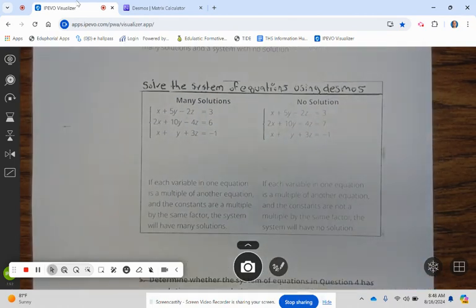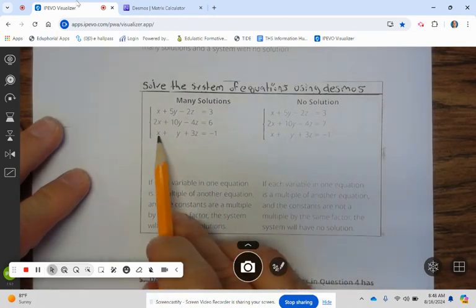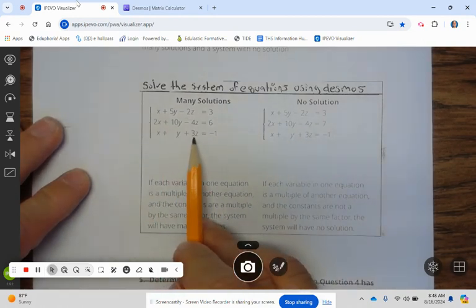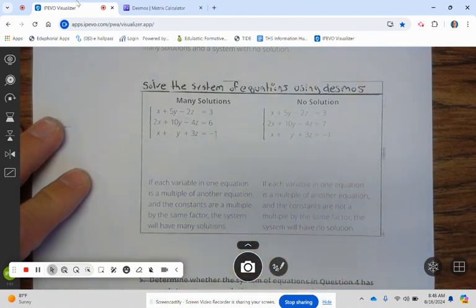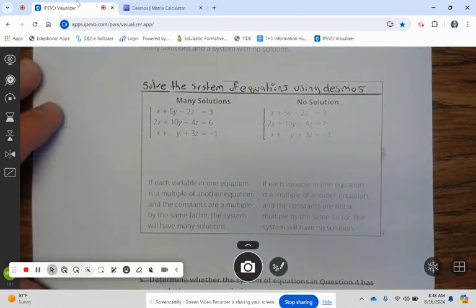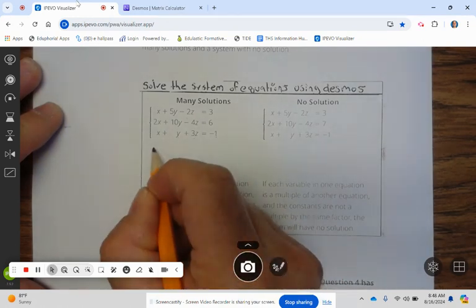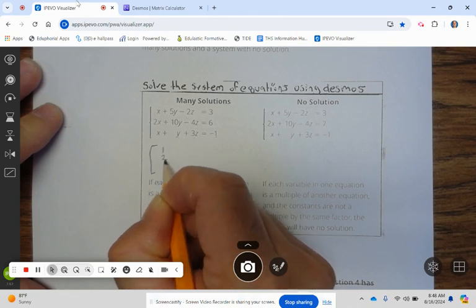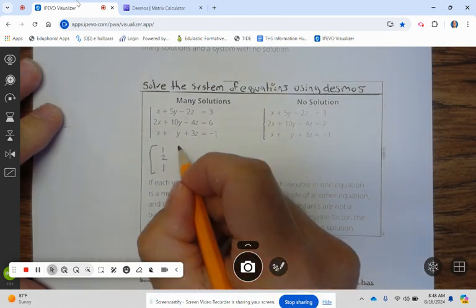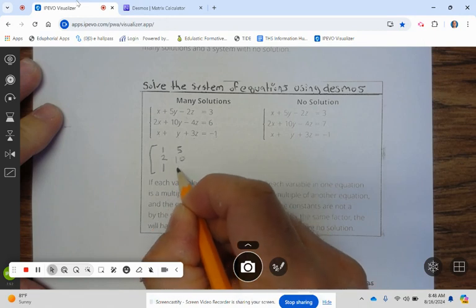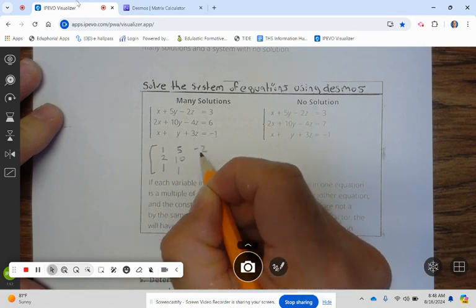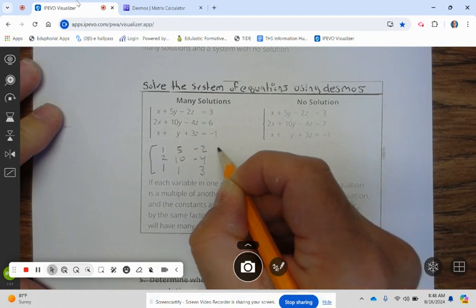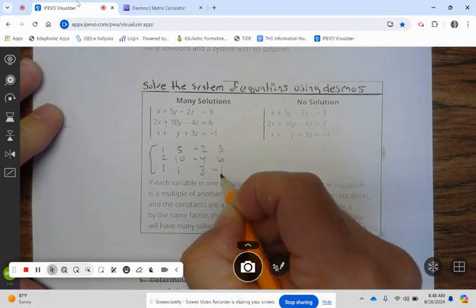Okay, let's go ahead and solve the system of equations using Desmos. So we have our x column, our y column, our z column here. So we need to write that as a matrix. So that's 1, 2, 1, 5, 10, 1, -2, -4, 3, 3, 6, -1.